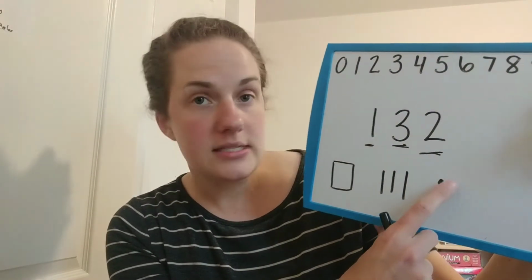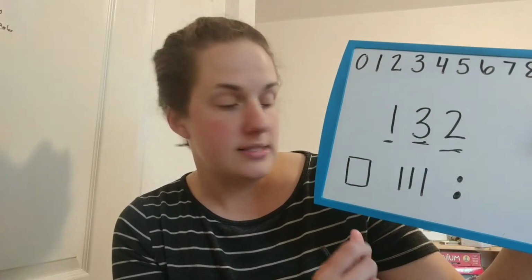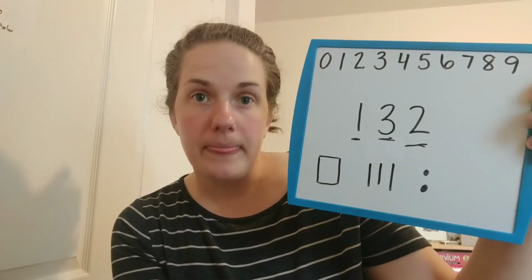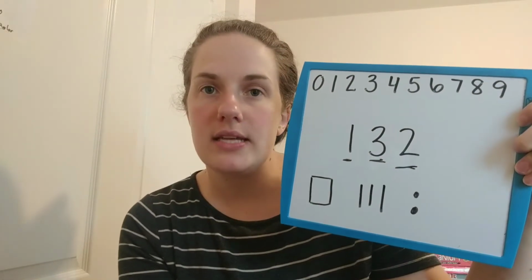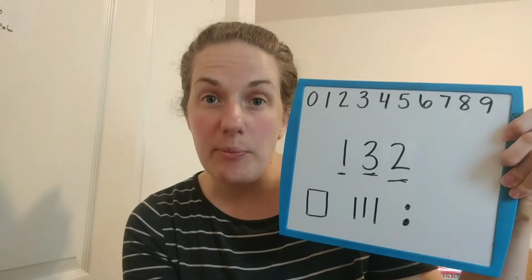And we use these single dots to show the ones, 1, 2. So I can see this as 132. All of these are just different ways to think about this number 132. That's going to help you when you're working on some of your math pages this week. So let's go ahead and look at one of those pages now.